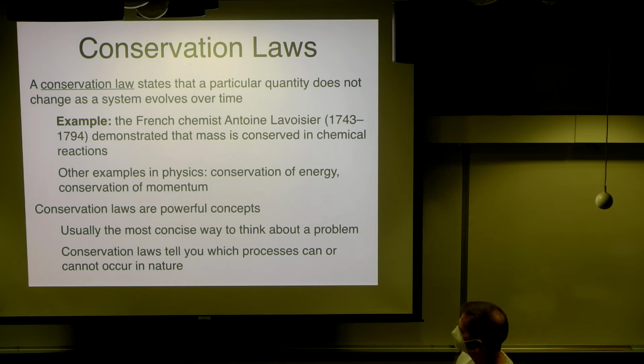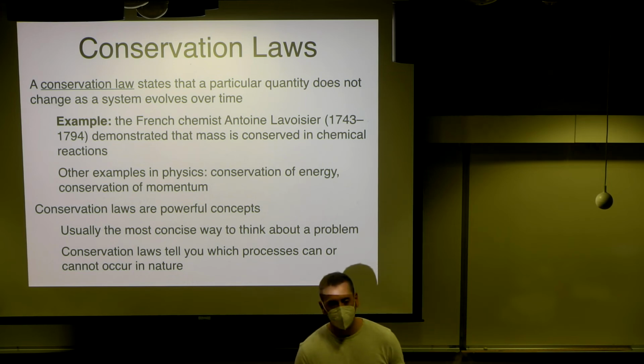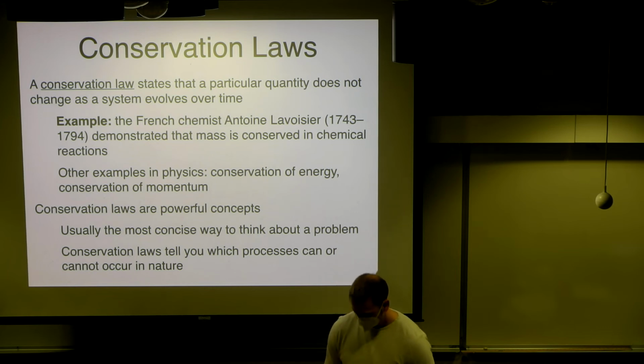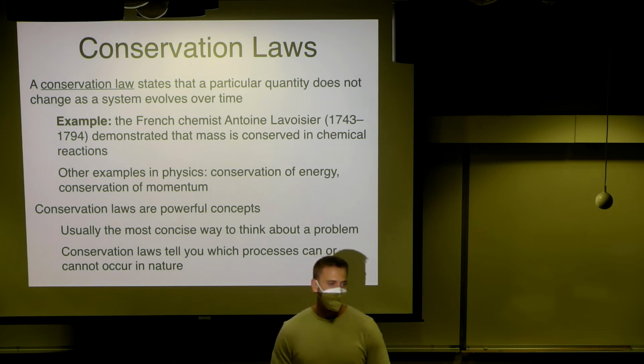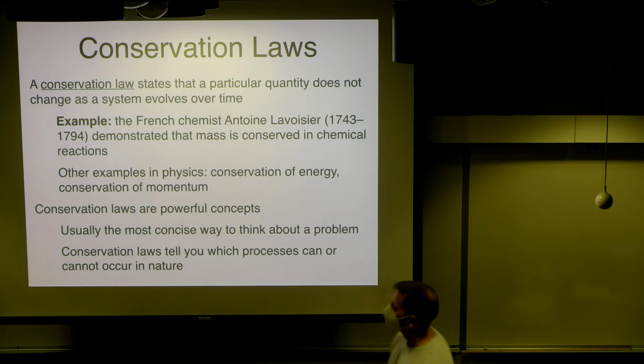Antoine Lavoisier is a French chemist, and he demonstrated the conservation of mass in chemical reactions. I can mix a bunch of chemicals together, have them transform into new chemicals, so there are some changes happening, but what's not changing is the total mass of all of those chemicals. That's remaining the same.